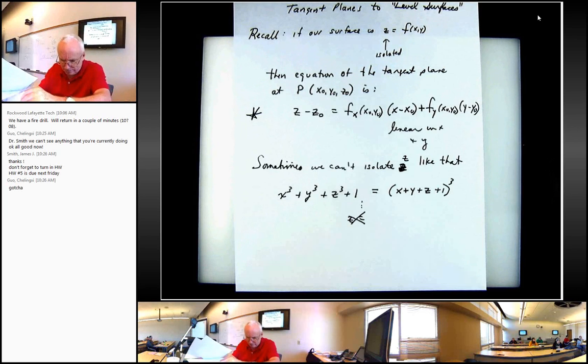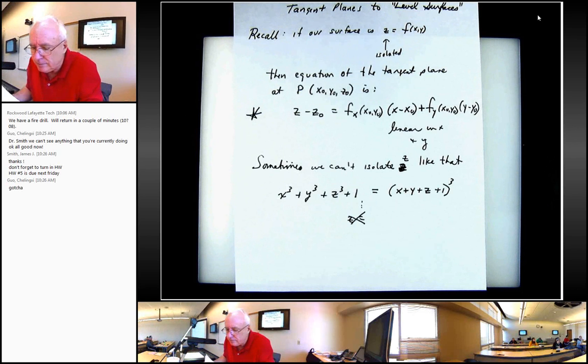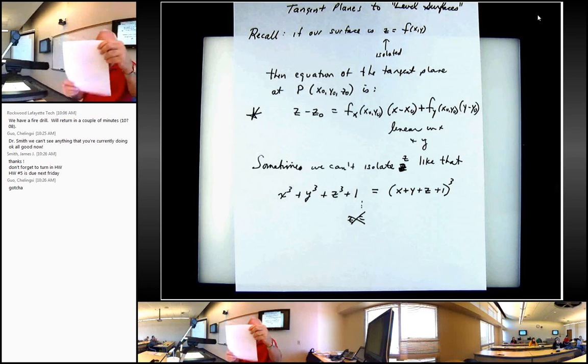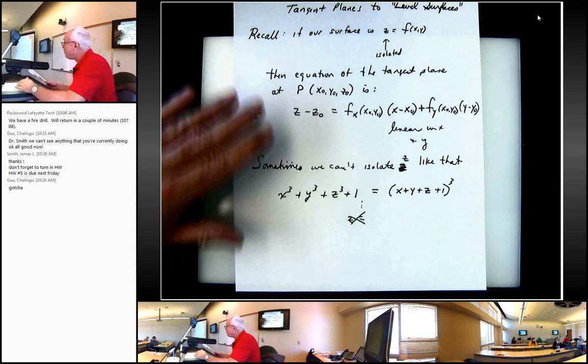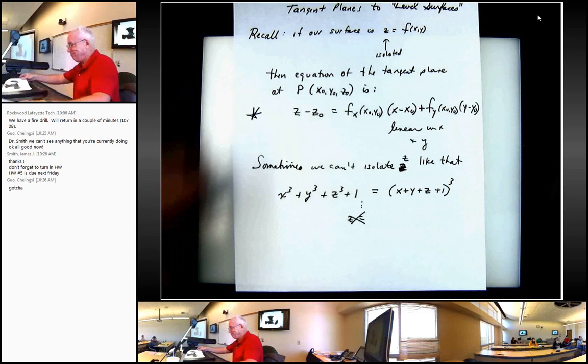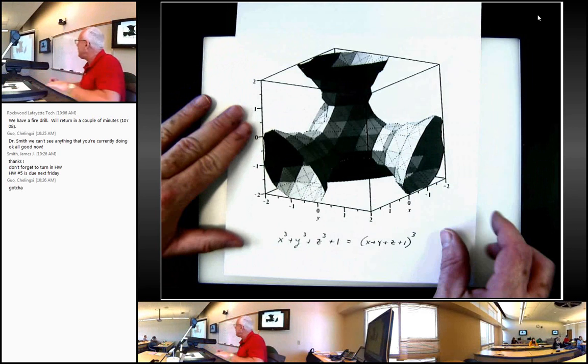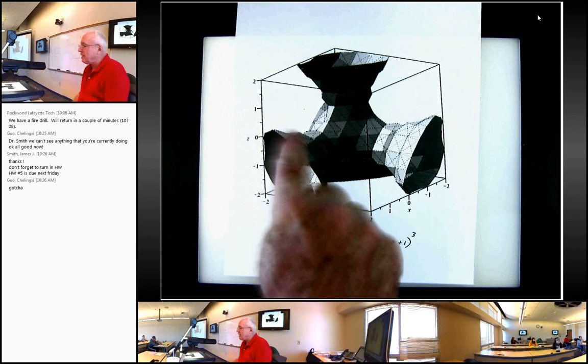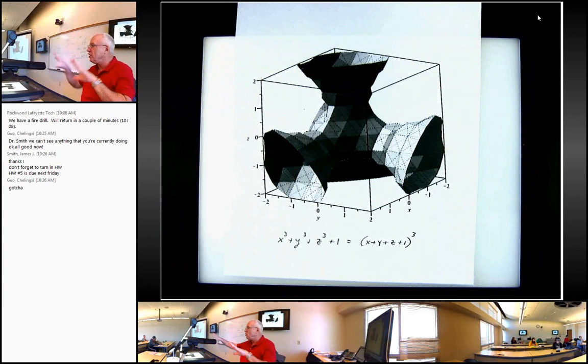Where is it? I'll be very upset if I don't find this crazy little graph. Ah, here it is. So here's the graph of this surface. Unfortunately, I can't twirl this thing around like I could if I actually had Maple up here, because the back side of this thing has another part going out.